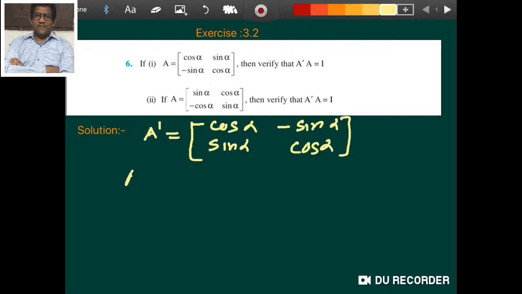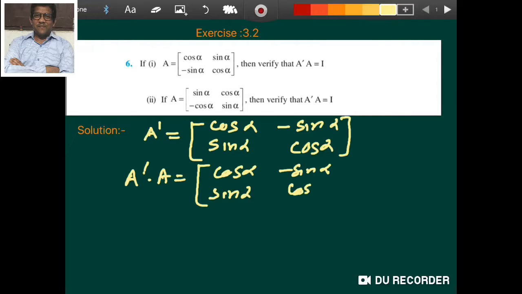Now A dash into A, cos alpha minus sin alpha cos alpha, and A is cos alpha sin alpha minus sin alpha cos alpha.